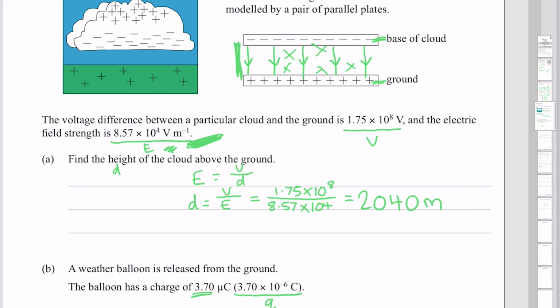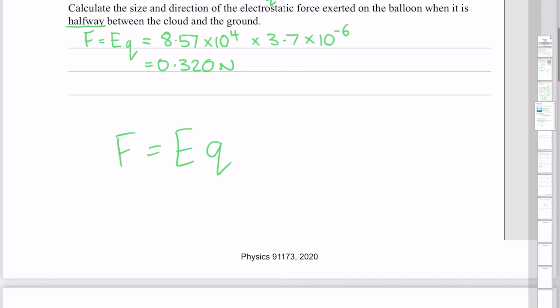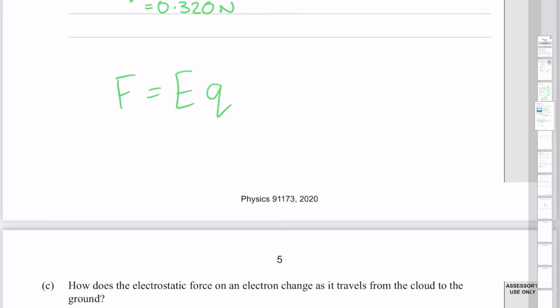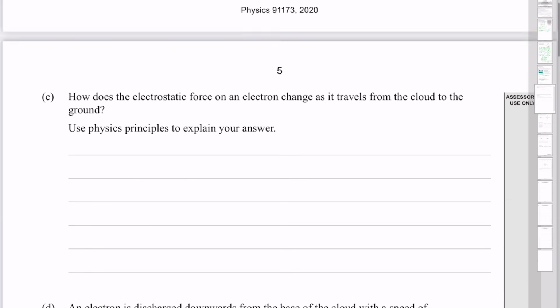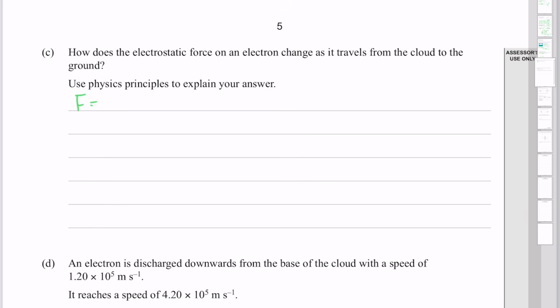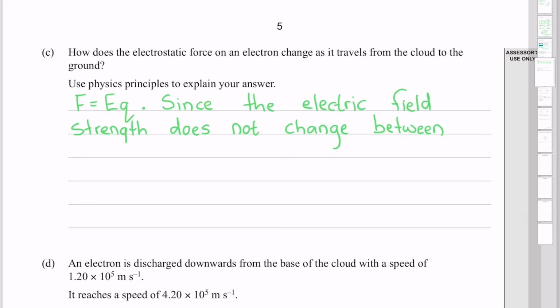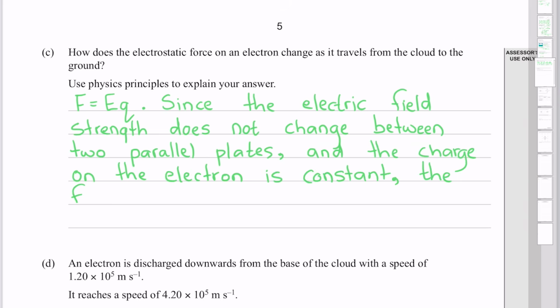It is the same no matter where you are. The charge on the electron is not going to change either, and so we wouldn't expect the force to change. So let's explain that. F equals EQ. Since the electric field strength does not change between 2 parallel plates and the charge on the electron is constant, the force will not change.